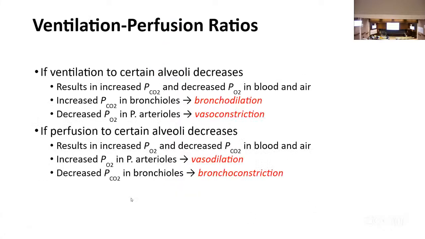So we'll kick off here next time, but these are the reactions that we're going to see in response to those two situations. When we talked about arterioles, we said that we can vasoconstrict and vasodilate. When we talked about bronchi, we said that we can bronchodilate or bronchoconstrict. Here's where they come together. Okay. We will stop there.